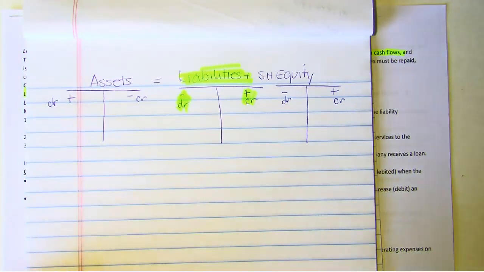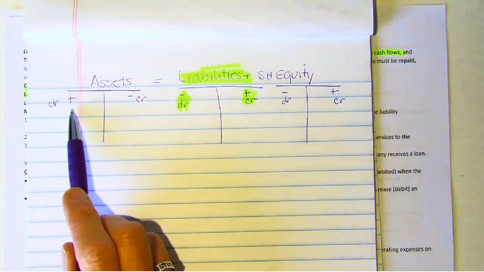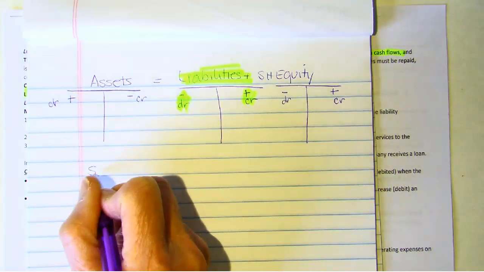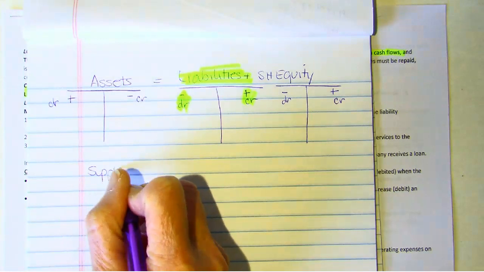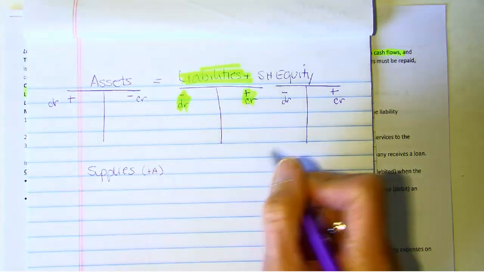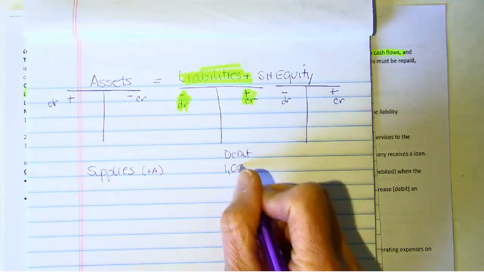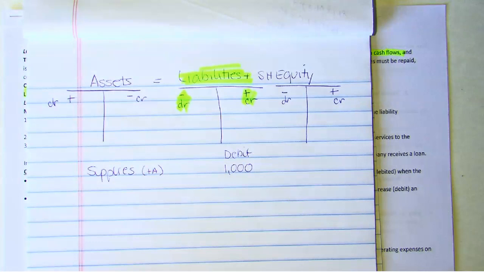So let's use an example of buying supplies on credit. Supplies is an asset. If we want to increase that, we'll debit supplies. Let's use the amount of $1,000 in supplies.